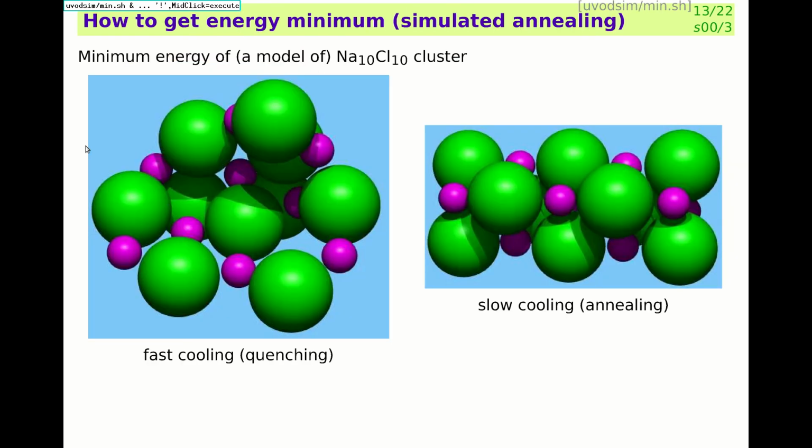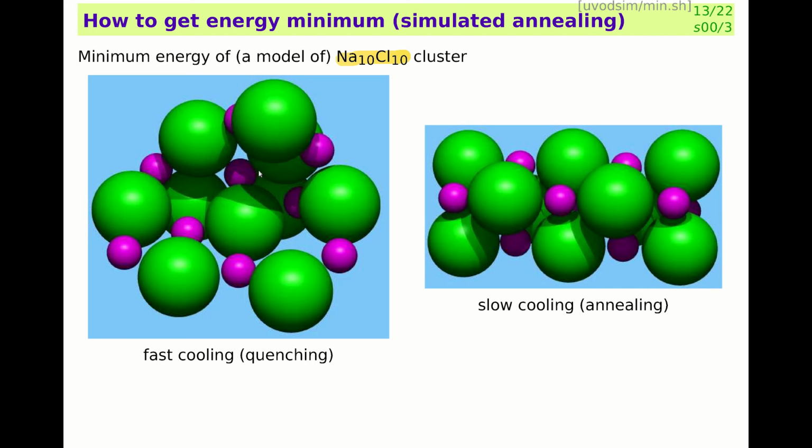An important procedure in many branches of science and technology is minimization. Minimization of a certain complex function of many variables. As an example, I have chosen a cluster of sodium chloride. You know that if I take liquid of sodium chloride and will cool it down sufficiently, you will get crystals of rock salt.